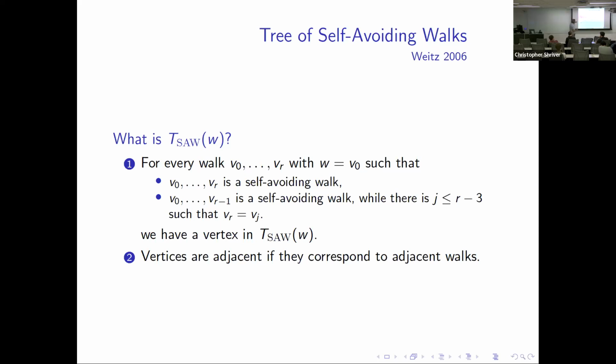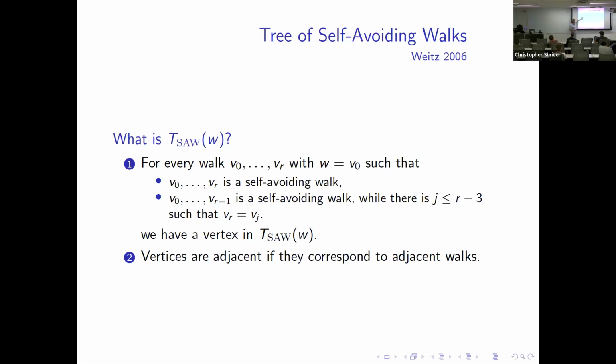Given some graph G and some vertex W there, we consider the tree of self-avoiding walks. T of W is basically some kind of topological construction we create from the graph. We consider walks in the graph starting from vertex W, and these walks can be either self-avoiding, meaning that vertices do not repeat, or a walk V0 to VR such that V0 to VR minus 1 is self-avoiding, and the last vertex VR can repeat.